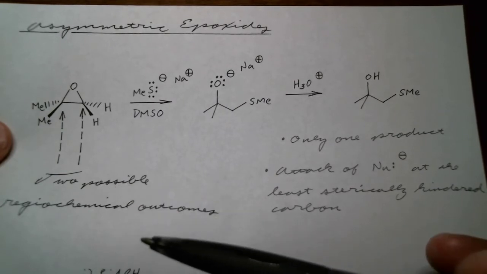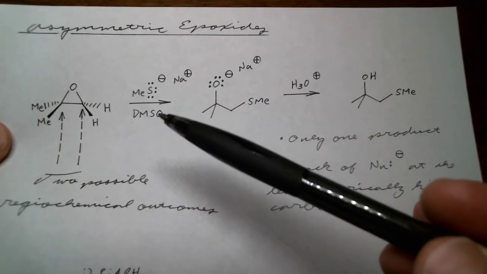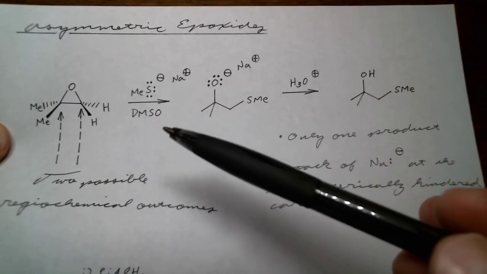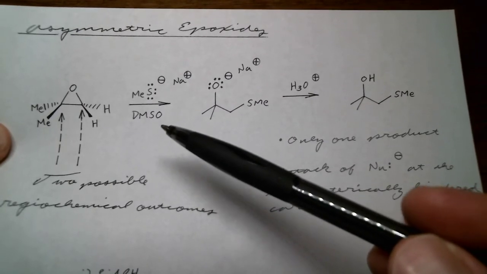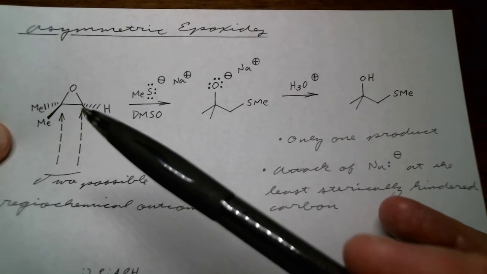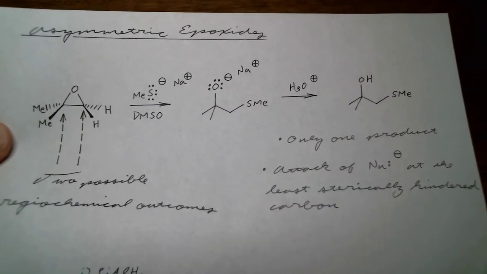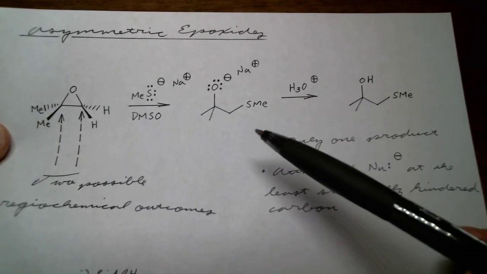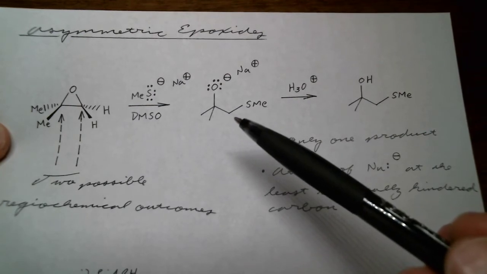So there are 2 possible regiochemical outcomes if we were to try to react this with a good nucleophile, like sodium methyl sulfide in our nice polar aprotic solvent, DMSO. And in fact, our nucleophile would prefer to attack the least hindered carbon, because this is SN2, and that is what we see. We see that nucleophile opening up that epoxide by attacking the least hindered carbon.